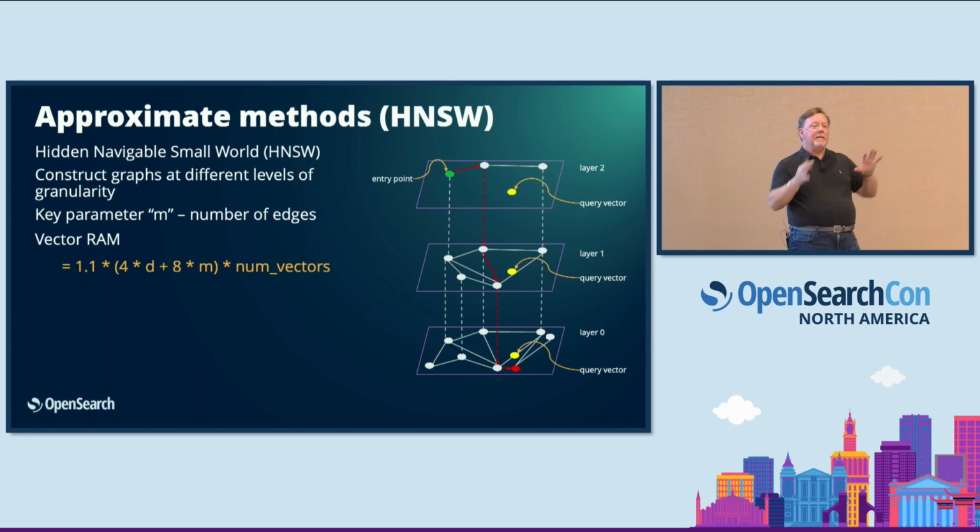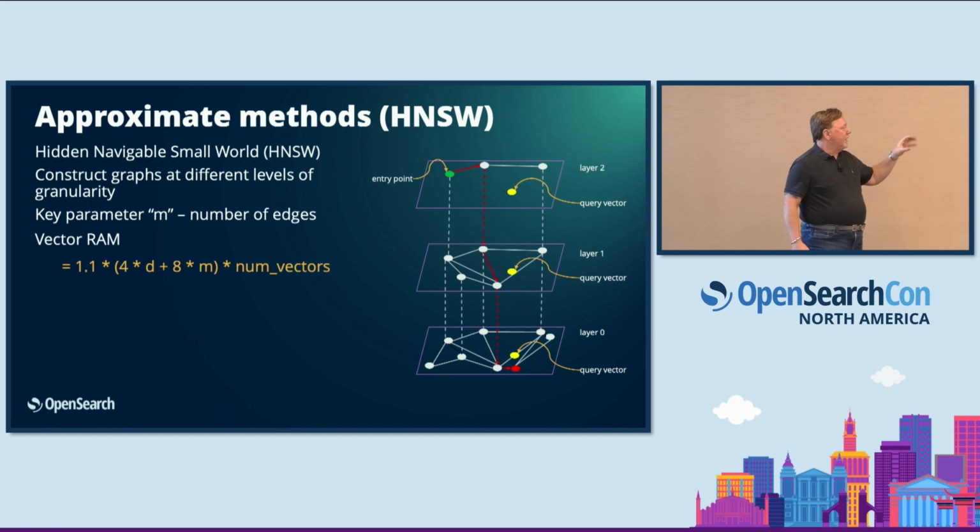So in addition to the source and doc values that we already talked about, the 3 terabytes, you're now going to create a bunch of graphs, and you have to store those graphs, and those graphs are going to be in RAM. The formula for how much memory they're going to take is 1.1, which is a little bit of a buffer, times 4 times dimensions, plus 8 times the number of edges, times the number of vectors. Make sense?